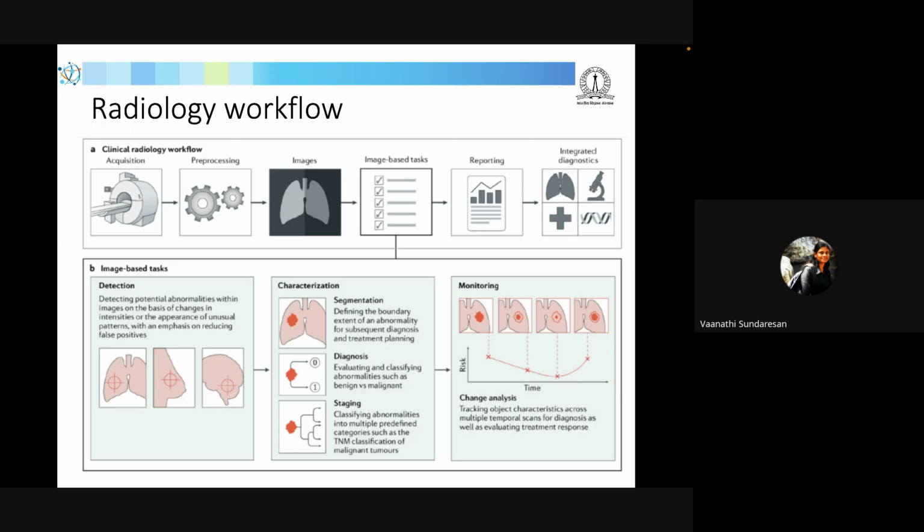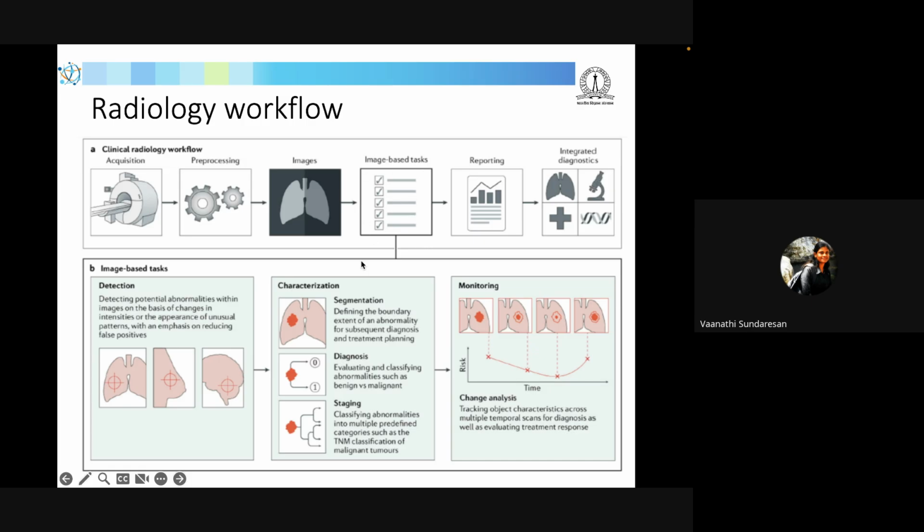So all these come under pre-processing. Any kind of processing, like masking or data cleanup that you do for further analysis, comes under pre-processing. And then you have supposedly good quality images, and we have these image based tasks.